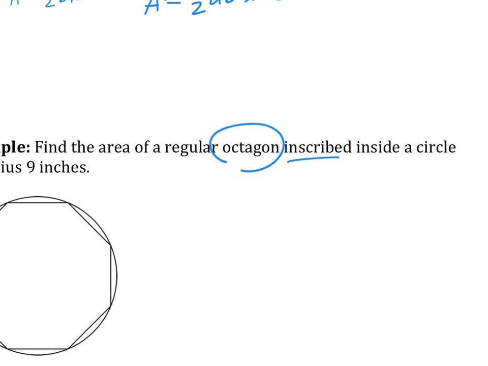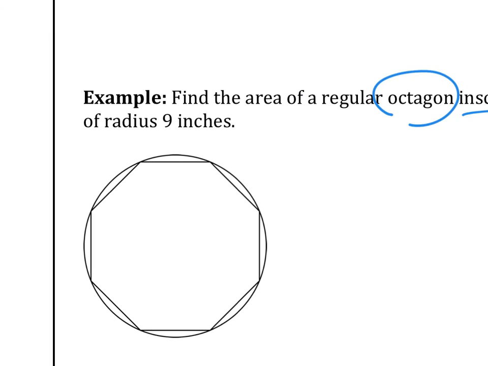Yes, of course it's inside, but it's not somewhere inside like this. It means that every single one of those vertices is also touching the circle. It tells you that the radius is 9. They want you to find the area of this octagon. This is like a mathy question.